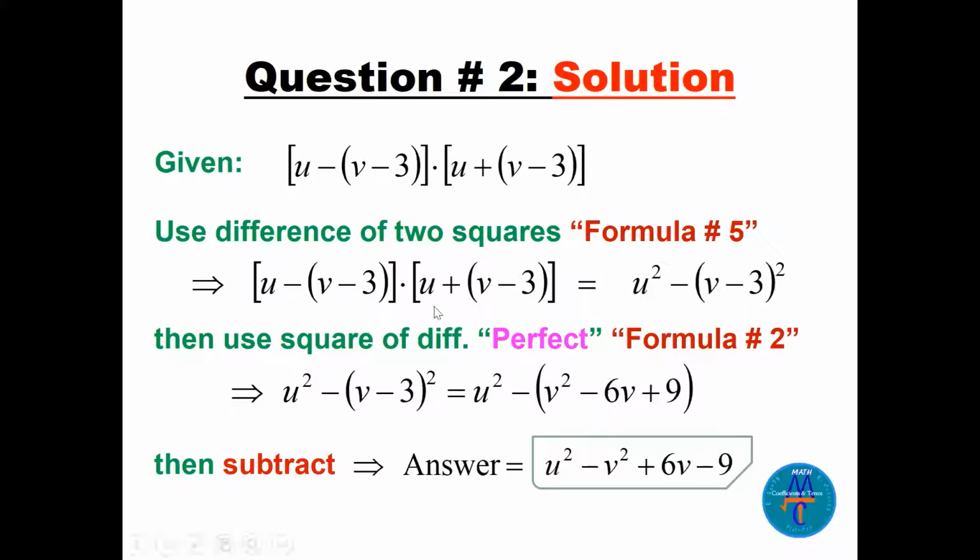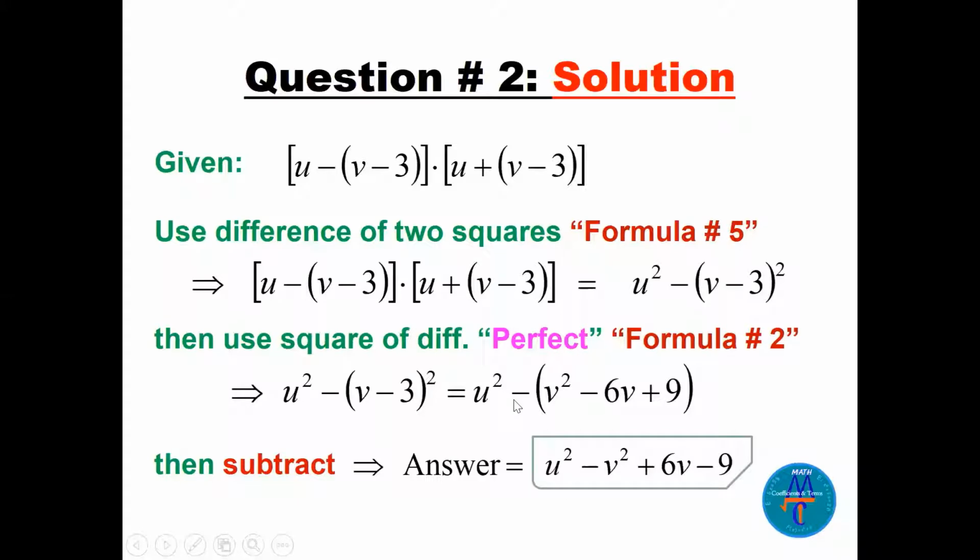formula number 5, the difference of two squares. U and U is U squared. We have minus and plus, so we put minus. And this is the same number, V minus 3, all squared. Then you can use formula number 2 for V minus 3 squared: V squared minus 2 times V times 3, minus 6V, plus 9.